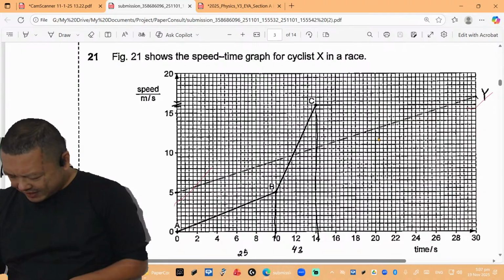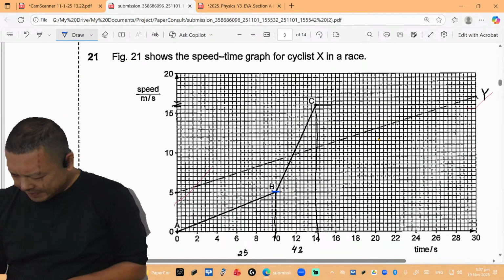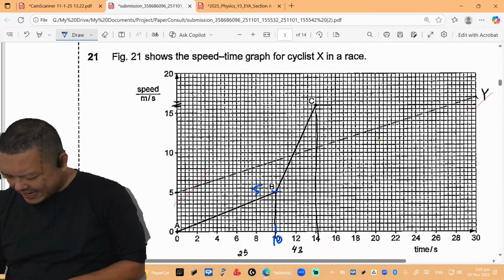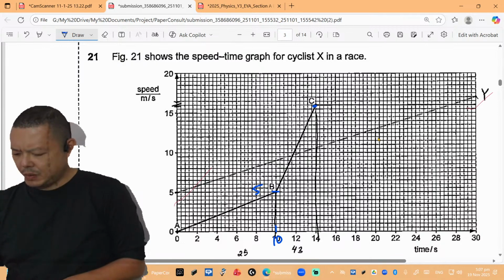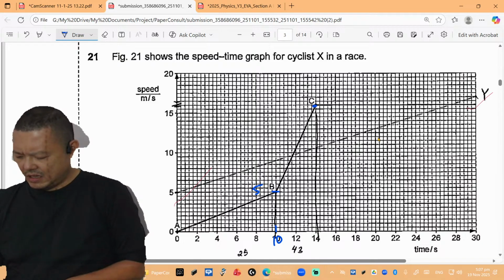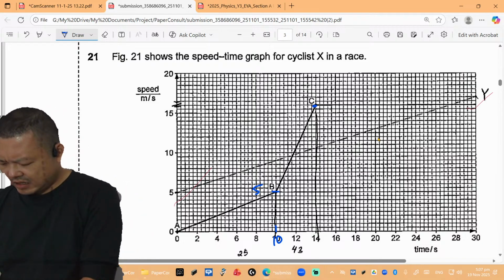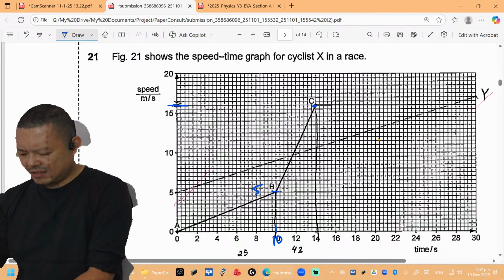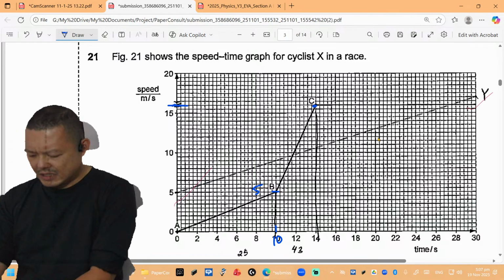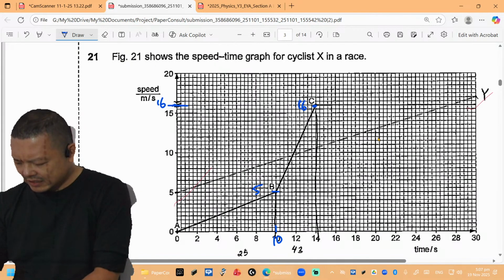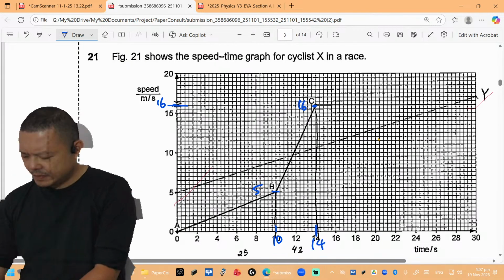This is 5, right? This is 5. This is a 10. And then this one is what? Is it 16.5? Is it 17? A to C, right? Oh, that's a 16. 15, 16, right? 16 here. So that's a 16. And this one here is a 14.